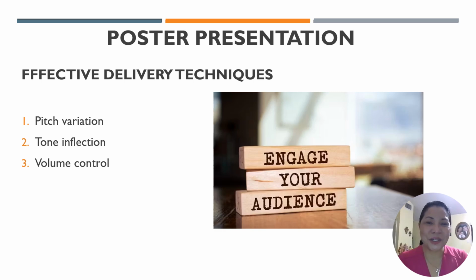As in any oral communication, there are some effective techniques for delivery. And we have alluded to this in terms of your preparation. So varying the pitch, your tone, or the volume makes people more interested in what you are doing. And it helps you to help them get engaged in what you are saying.